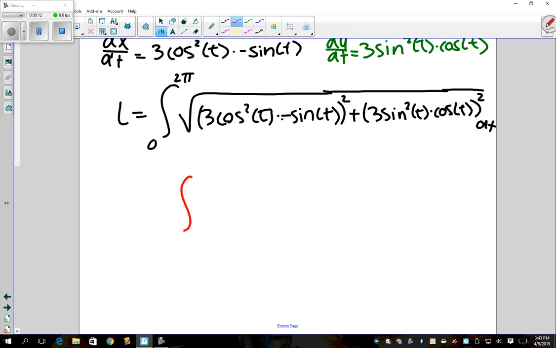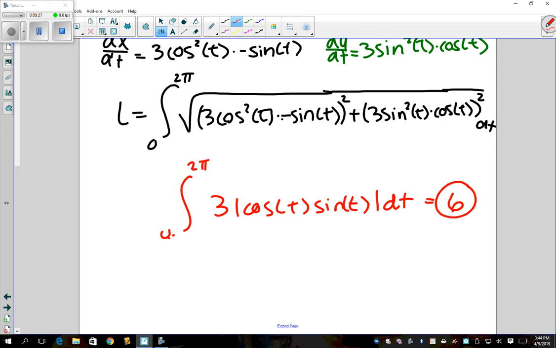And so we're really taking the integral of 3 times the absolute value of cosine t sine t from 0 to 2 pi, and that should end you up with 6. So yes, this is arc length of a parametric curve. It's again very similar to what we've already talked about with regular curves.